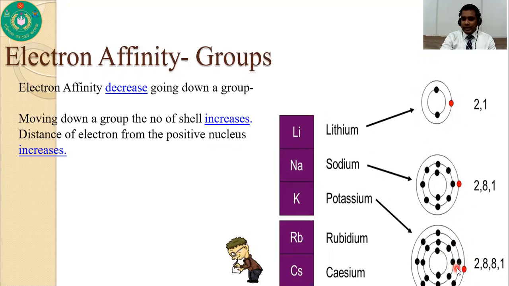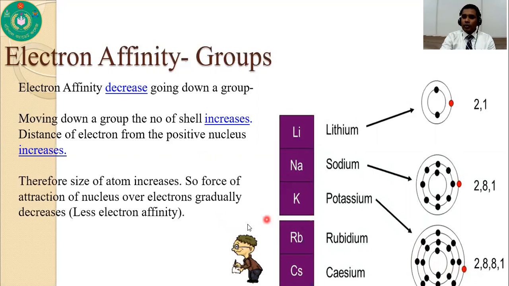As atomic radius increases, the electrons are loosely bonded with the central nucleus, so one electron can easily enter the atom.